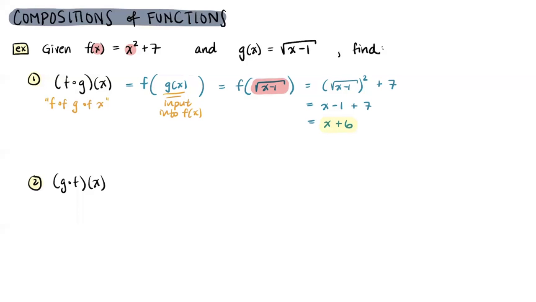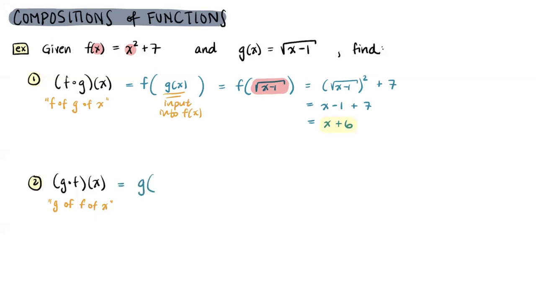Okay, g of f of x, this is the opposite order, the other direction. Why don't you pause this and see if you can write down what this might be. We're going to be plugging in now f of x into g of x.